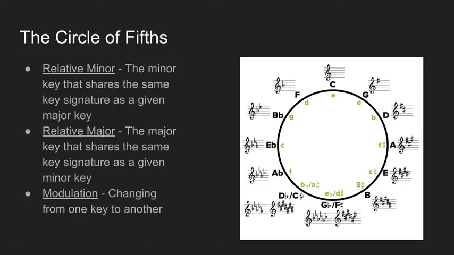Because if you try to change keys and the two keys do not share many notes in common, it might sound very strange. It might not sound natural to flow from one key to another in your music. So be aware of that. The circle can help you with that.